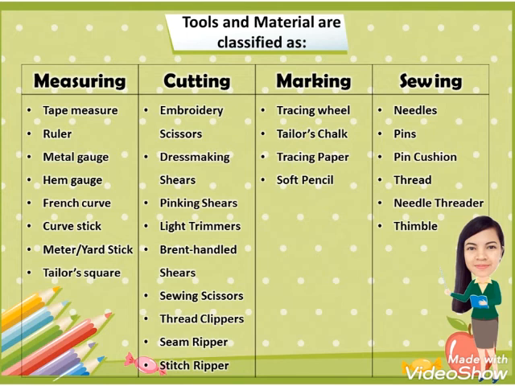For cutting tools, we have embroidery scissors, dressmaking shears, pinking shears, light trimmers, bent-handled shears, sewing scissors, thread clippers, seam ripper, and stitch ripper. For marking tools, we have tracing wheel, tailor's chalk, tracing paper, soft pencil. And for the sewing tools, we have needles, pins, pin cushion, thread, needle threader, and thimble.